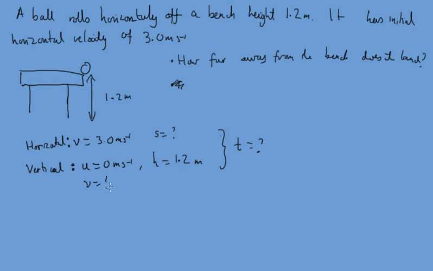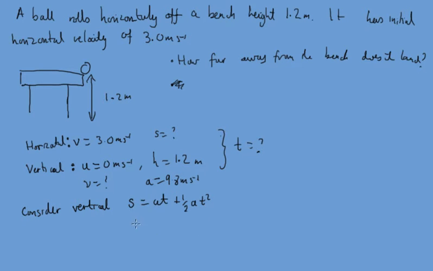So we're going to consider the vertical motion first to give us the time. We'll use the equation s equals ut plus a half at squared, because the acceleration is going to be 9.8 meters per second squared, the acceleration due to gravity.